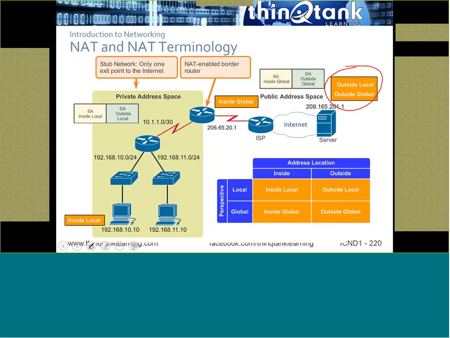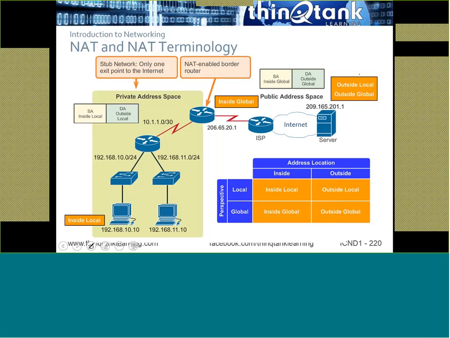So in our translation database, outside local and outside global are often referenced as the same value, the public address of the destination host. Technically, outside local means the real address of the destination. But you very rarely know what the real address of the destination is because it's hidden.